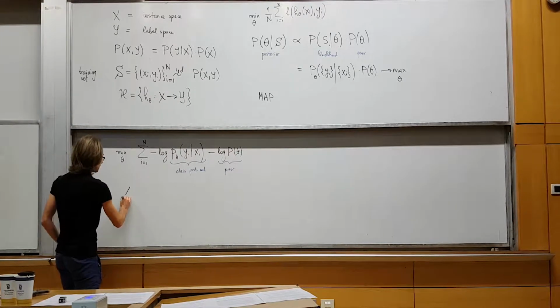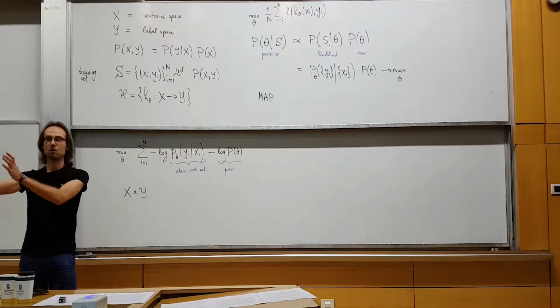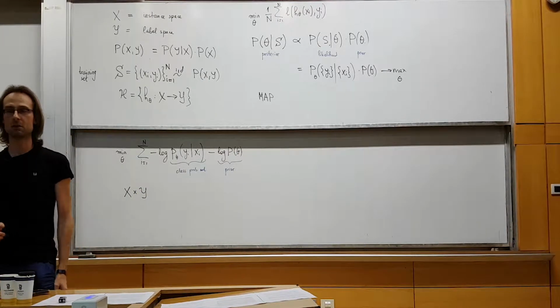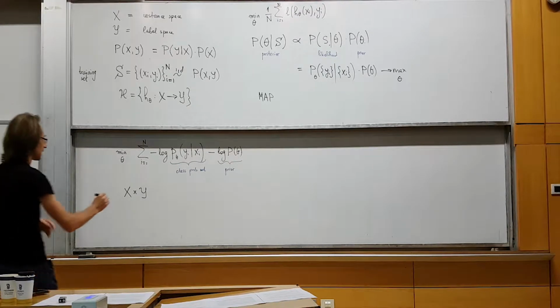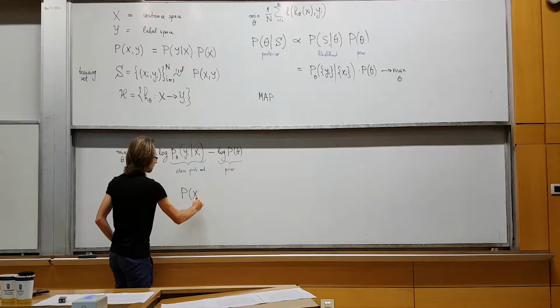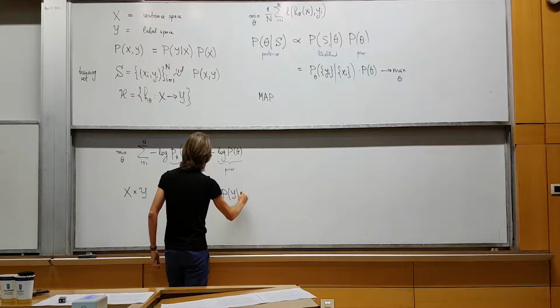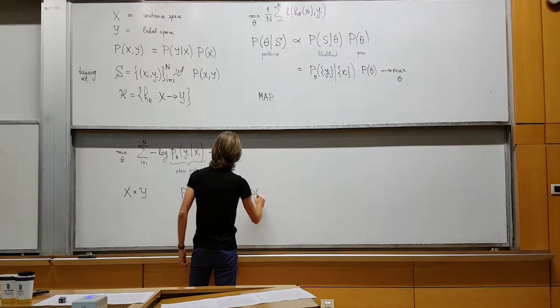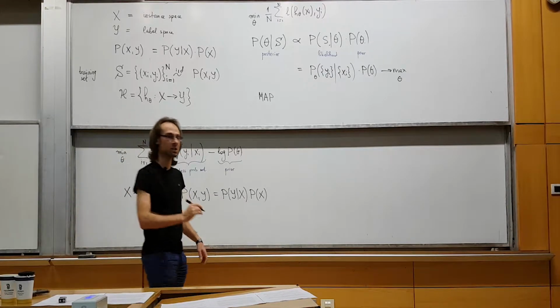I still have this space of instances cross the labels. Okay, so it's the pairs of instances and corresponding labels, and I will define a probability distribution P of x, y. Of course, that is factorized into P of y given x times the prior probability of x, and I will call this some source data domain.